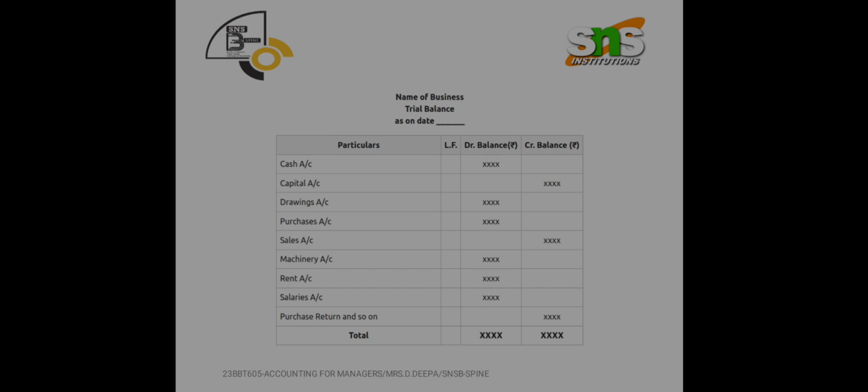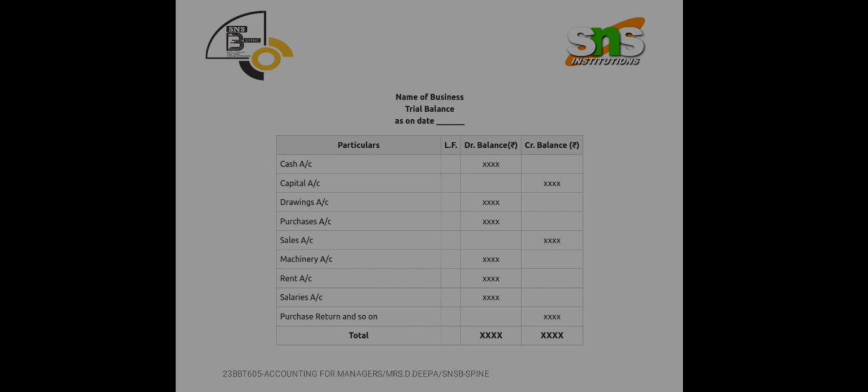See here, the cash account: we should identify whether it is getting debited or credited. Capital, drawings, purchases, sales, machinery, rent, salaries. Similarly, there are many transactions like this.